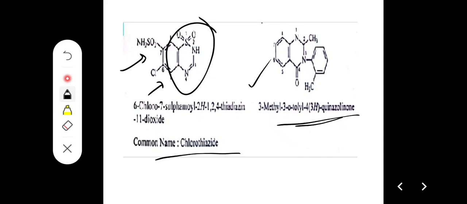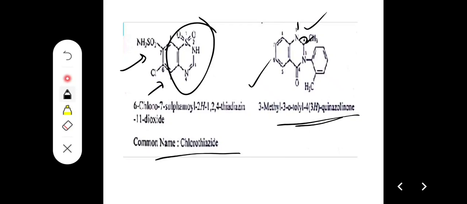We have to check. It is not 3-methyl. If we consider 1, 2, then we consider 2-methyl. 3-o-tolyl is right. So it must be 2-methyl, and o-tolyl means the tolyl group is present, that is benzene having a CH3 group.